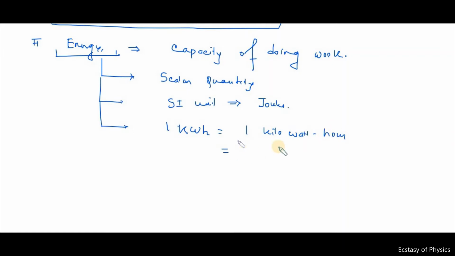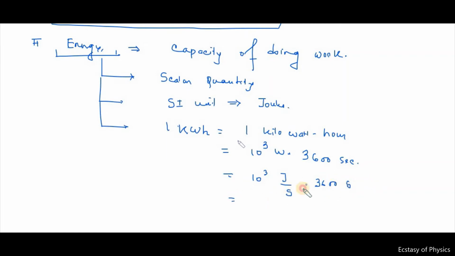So 1 kilowatt can be written as 10 to the power of 3 watt, and 1 hour can be written as 3600 seconds. Now this watt can be represented as joules per second times 3600 seconds.